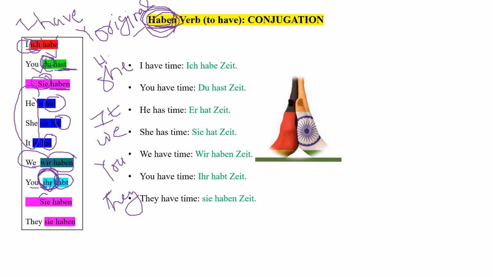Similarly, if it is plural they, Sie, it will take haben, which is as it is. So the rule, the concern is, in the case of Sie, let me write here.